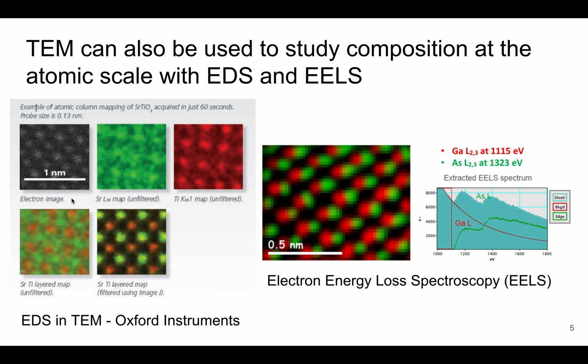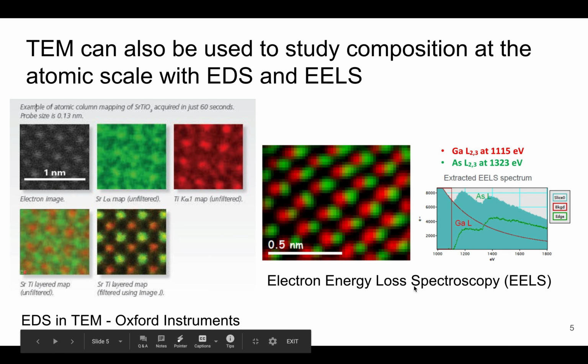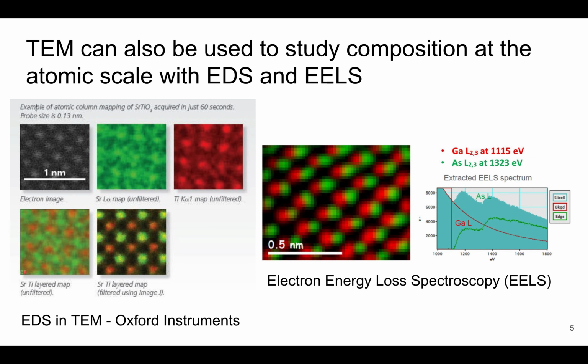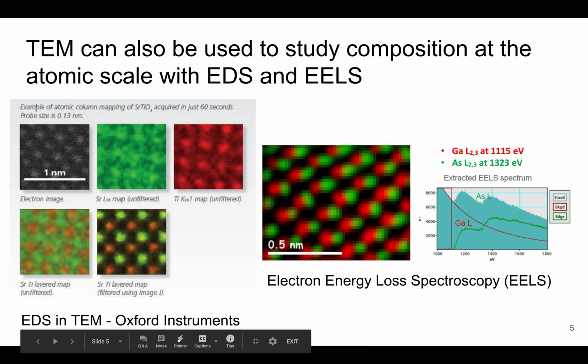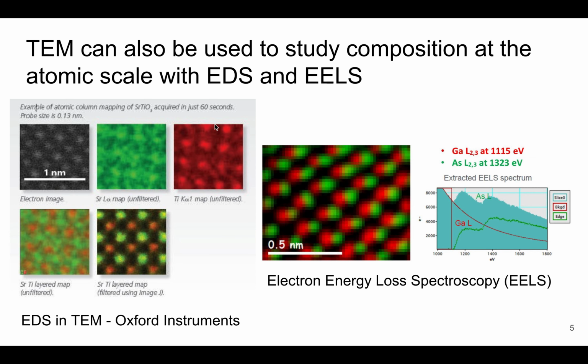That's what we can do with EDS and this process known as EELS, electron energy loss spectroscopy, which allows us to get composition on the atomic scale. EDS used to be fairly rare with TEM, but now it's much more common.